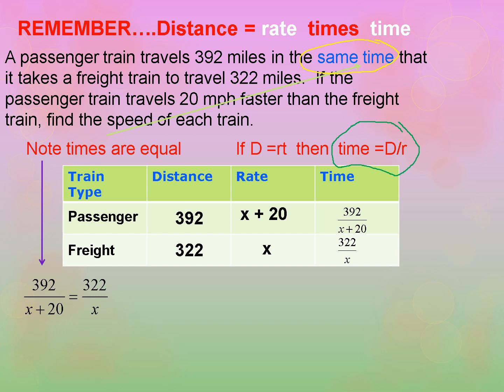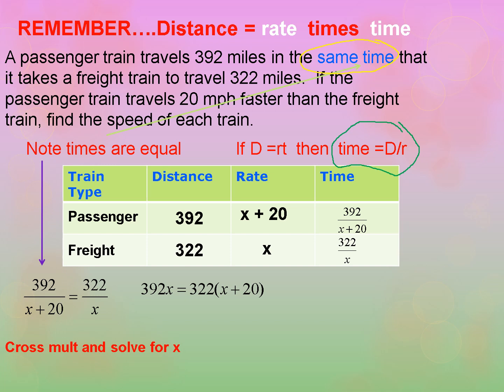Now we are going to cross multiply, because all it is is a proportion, y'all. So I get 392x equals 322 times x plus 20.